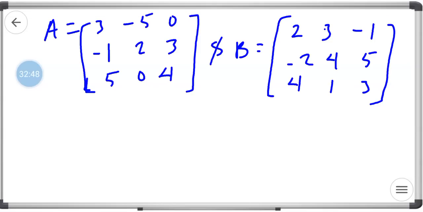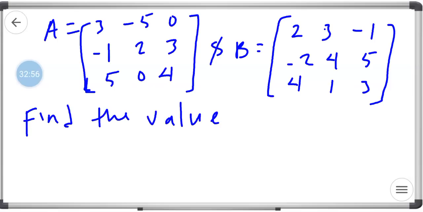Now let's find the value of A minus B. If you look at this question, you see that we have 3 by 3 matrices.